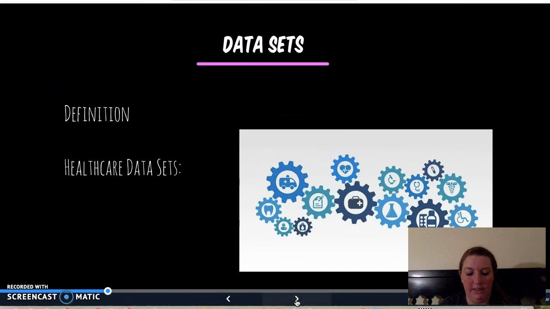So data sets. Data sets are a collection of data. Now this can be a wide range of things, but essentially it is just a collection of related information, composed of separate items. They can all be manipulated, but it's all just data.